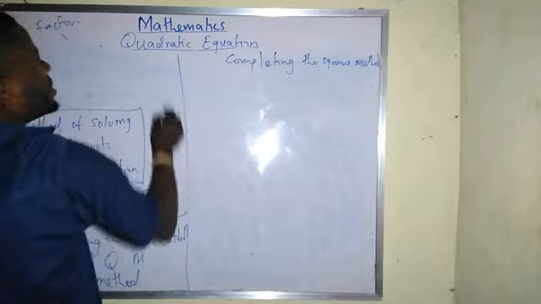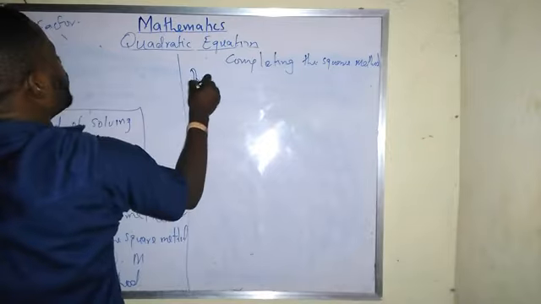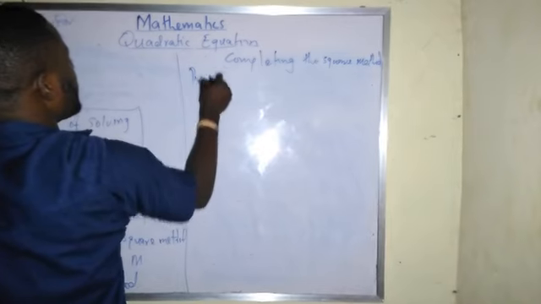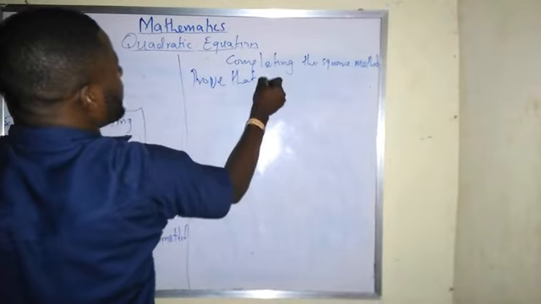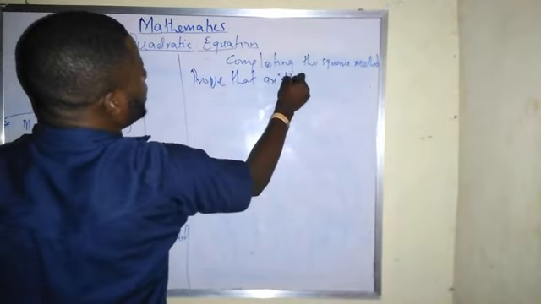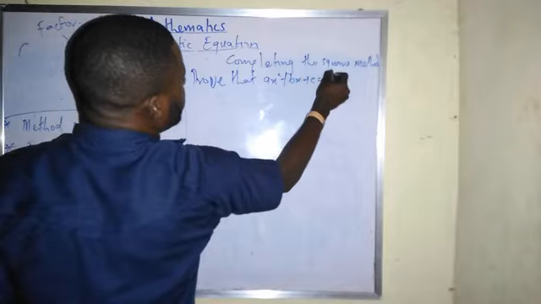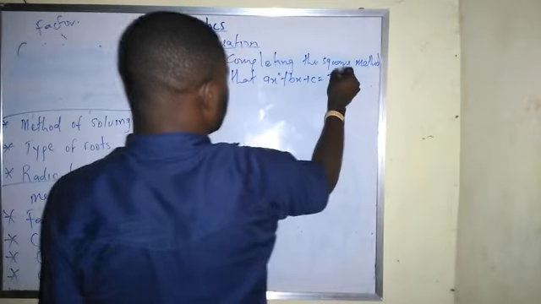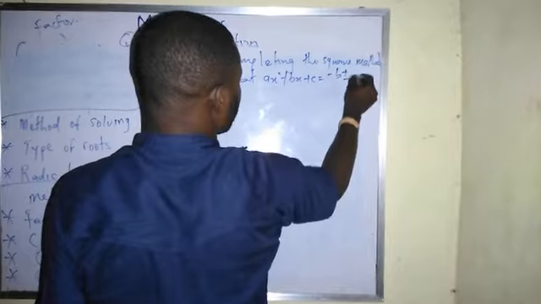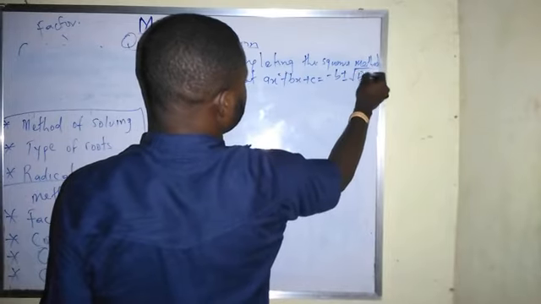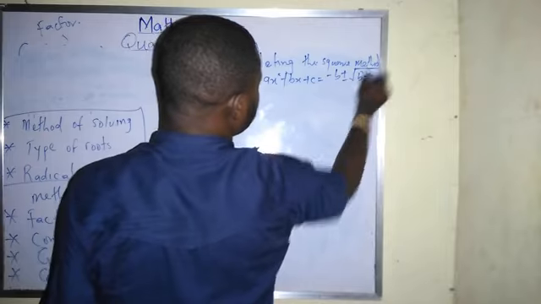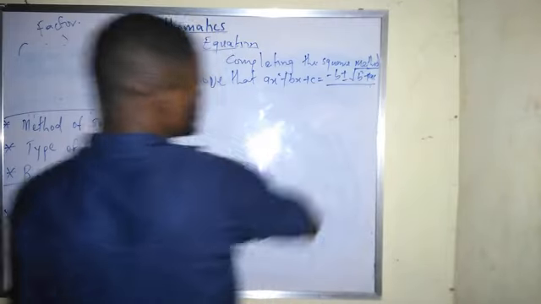For instance, let me use proof that for ax squared plus bx plus c equals 0, x equals minus b plus or minus root of b squared minus 4ac. This bracket must cover; we have done that in indices.